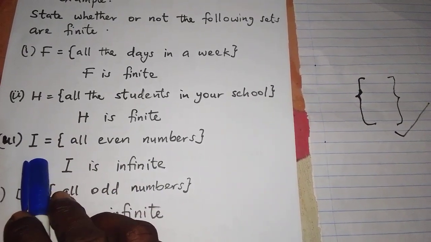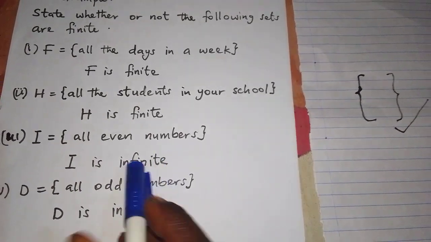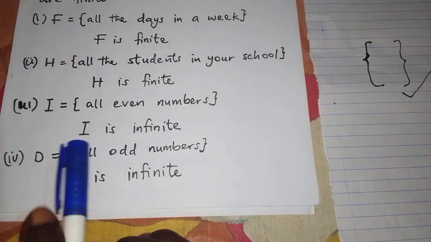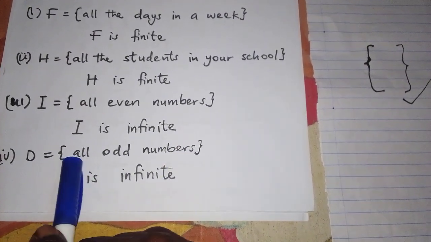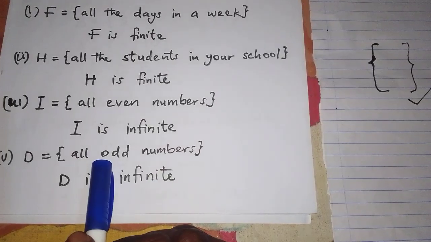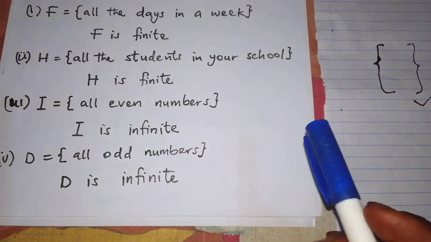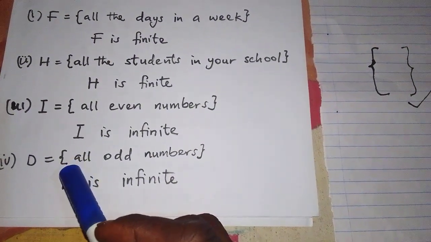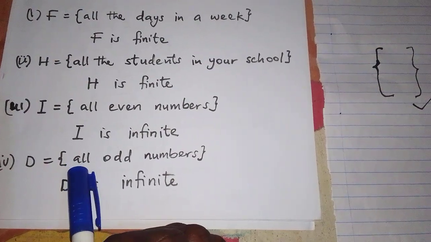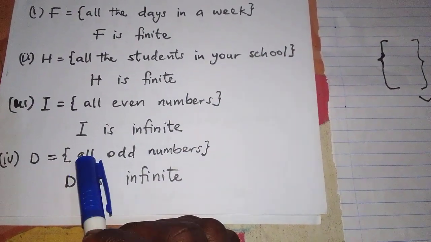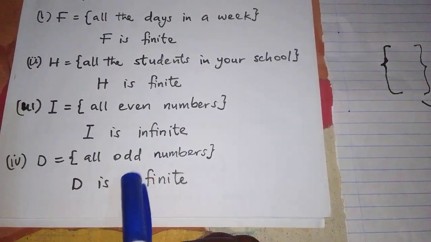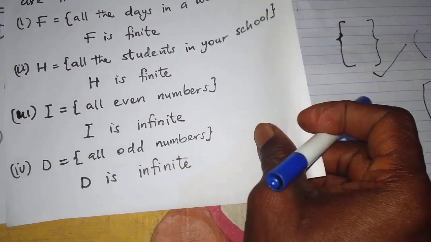So set I is an infinite set. Also, let's consider the set of all odd numbers. If you start stating all odd numbers, you will continue to state them till eternity. So it doesn't have an end. So that means the set of all odd numbers is an infinite set.